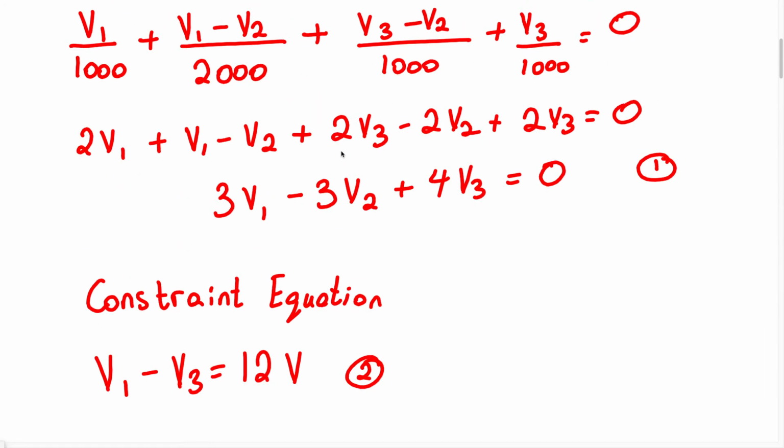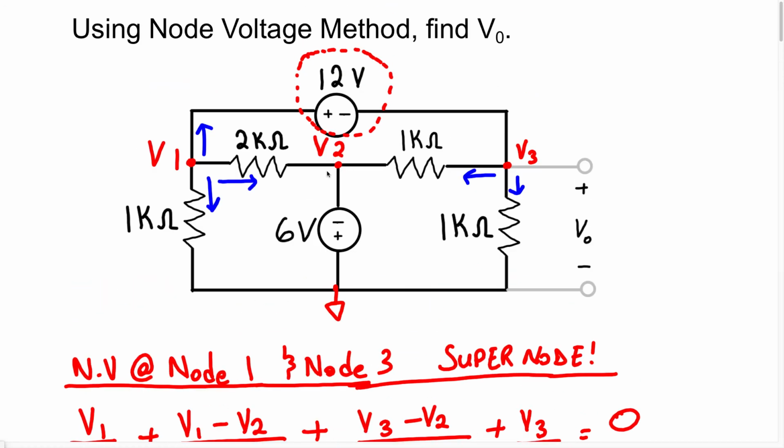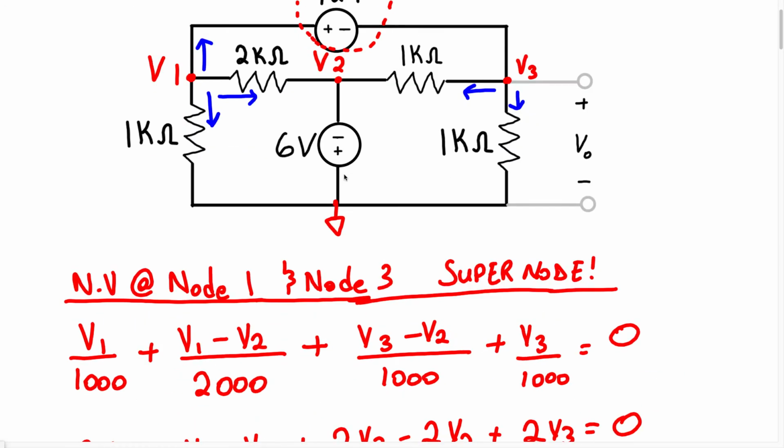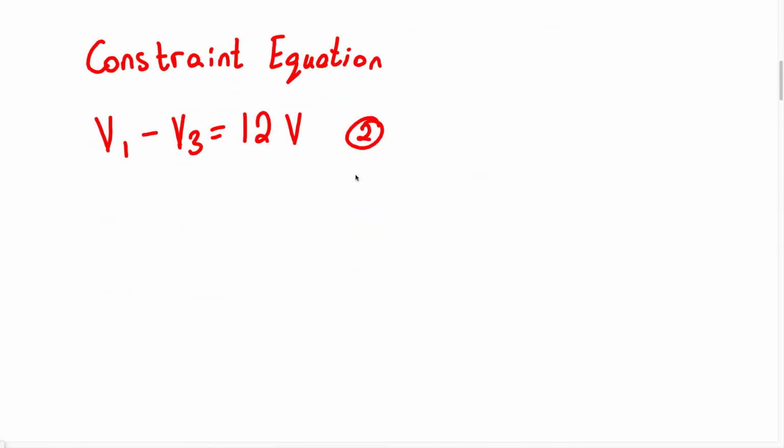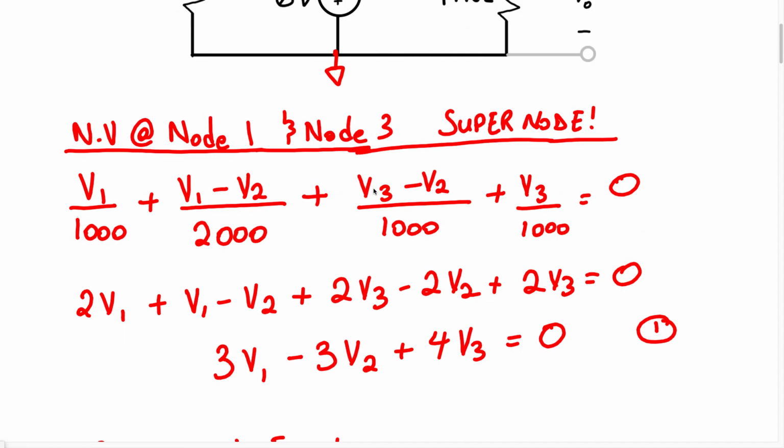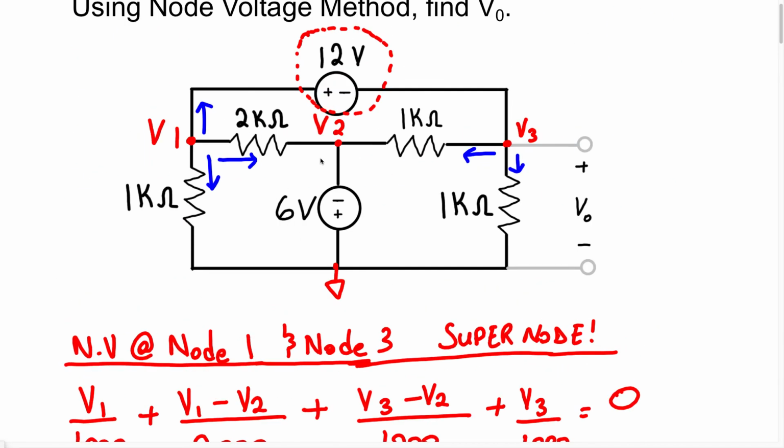Now let's do the node voltage at node 2. So let's write that down. We have the node voltage at node 2. And when we start to do this, right away we should be able to identify something. We have a sole voltage source that's going to be between node 2 and the ground node, which means node 2 is just going to equal the value of that voltage source.